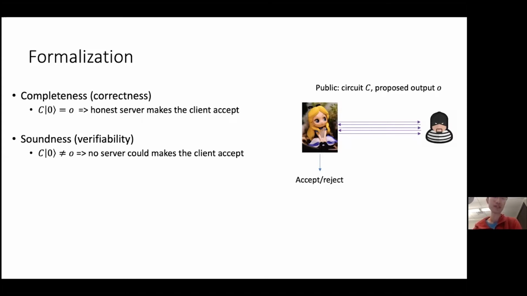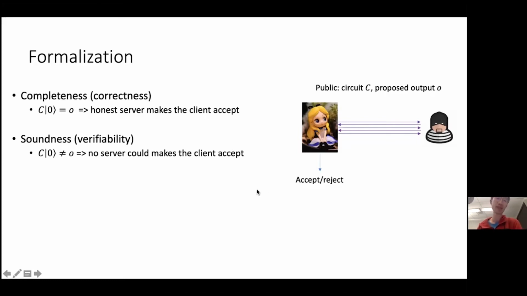And soundness means if the proposed output is wrong, which means the server is trying to cheat, then no server could make the client accept. So the cheating will be detected. And in formal definition, these two notions will have some approximation error, and here we'll omit them for simplicity.